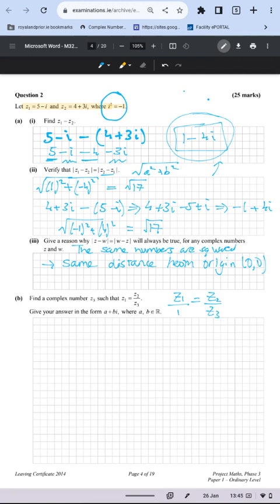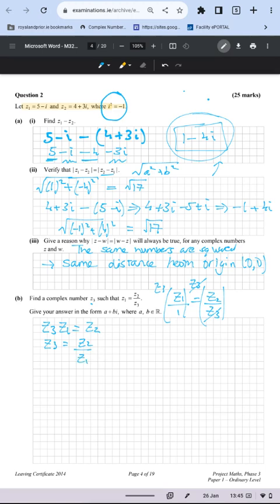Cross multiply, or multiply by the common denominator, which is Z3. Then cross out your Z3s. So I have Z3 Z1 is equal to Z2. Find Z3, so Z3 is equal to Z2 over Z1.